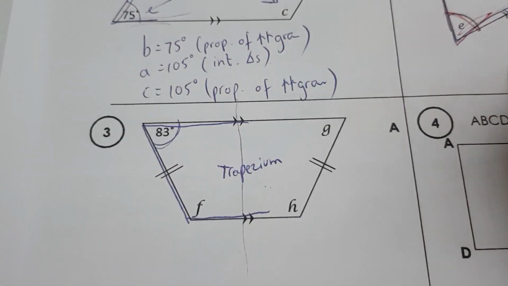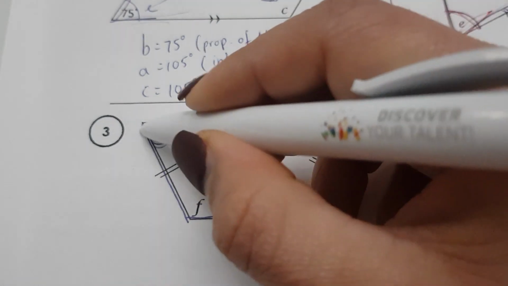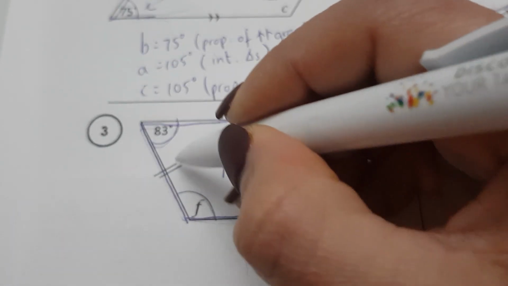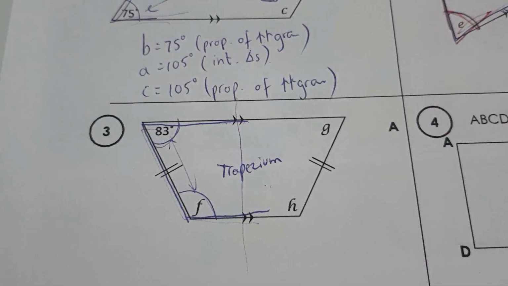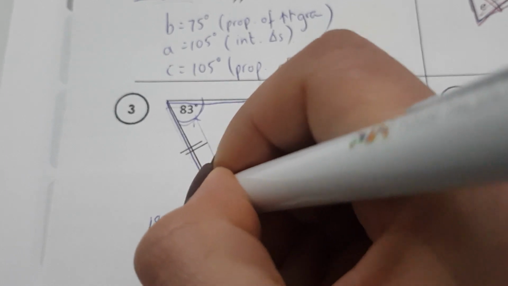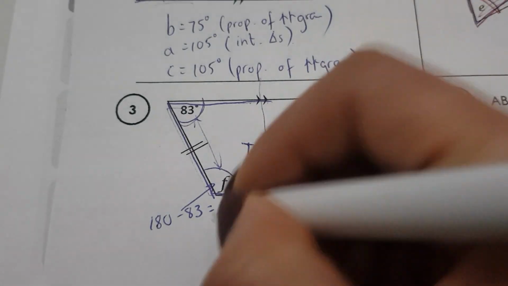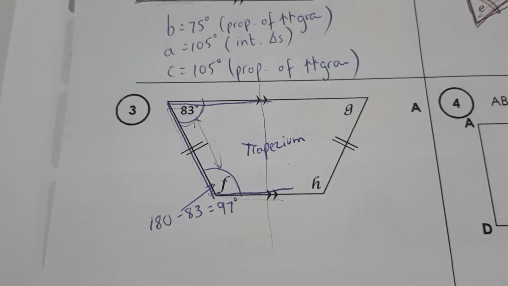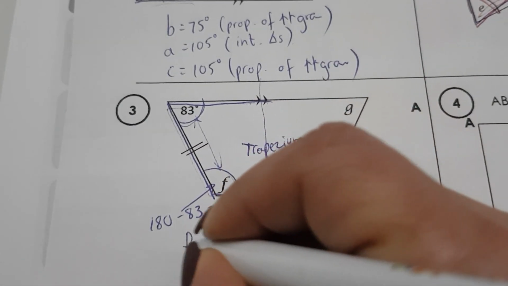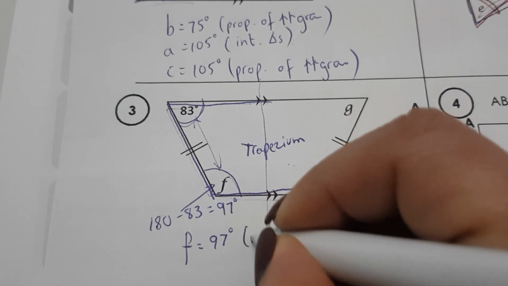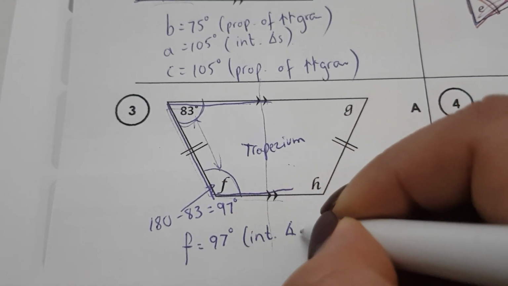Let's start with F. The interior angles form a U shape, and they add up to 180 degrees. So, to find F, it's 180 minus 83. That's 97 degrees. So F is 97 degrees, interior angles.